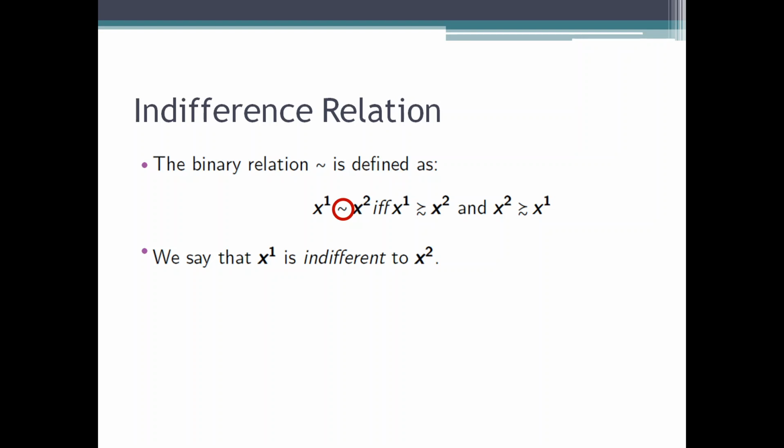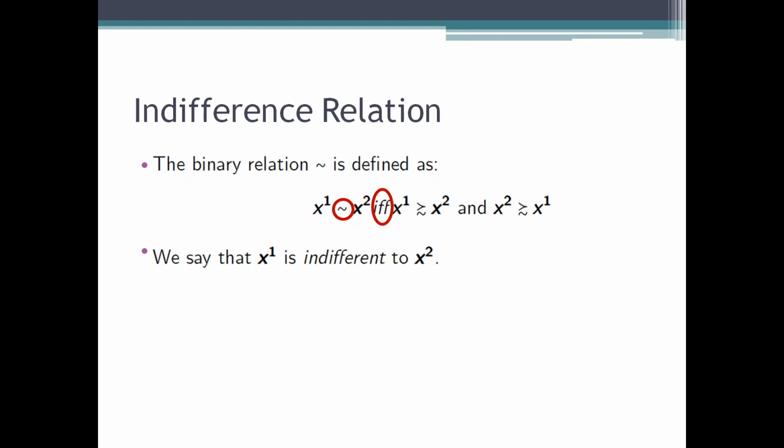Indifferent to x2 if and only if, IFF is if and only if, x1 is at least as good as x2 and x2 is at least as good as x1. What does this mean? This means that both bundles are simply the same.